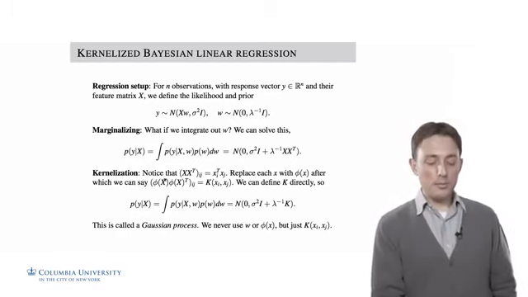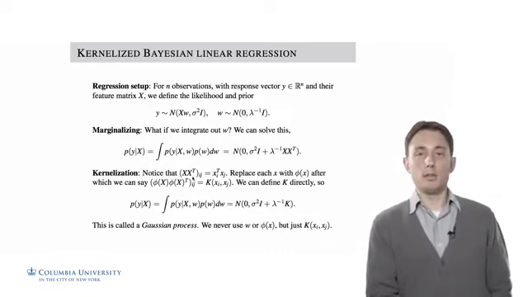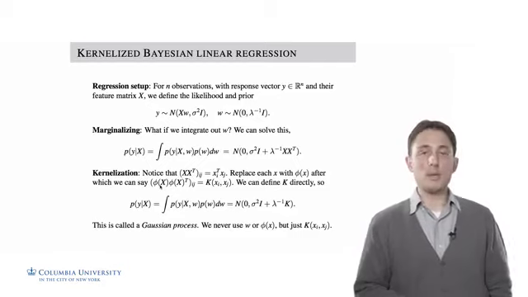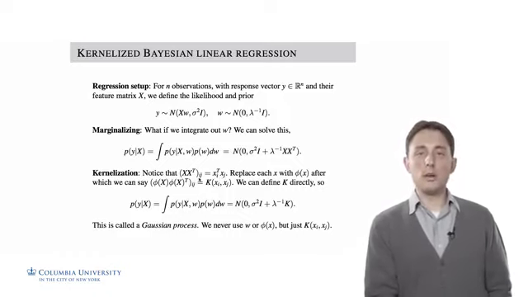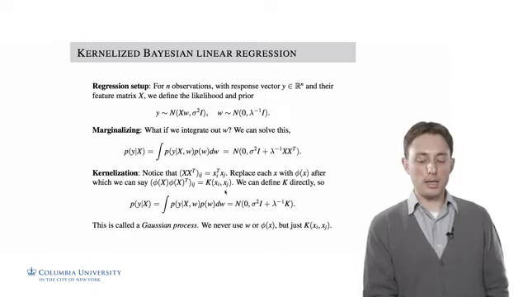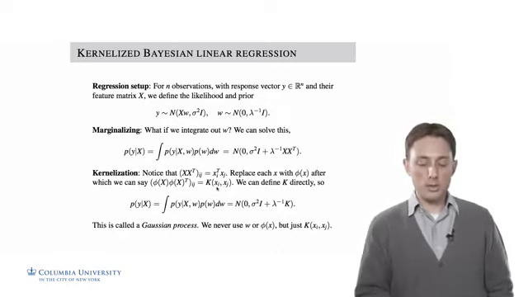But then we take the product of that matrix with its transpose, and again we end up with an n by n matrix. So this is still an n by n matrix, where the ijth entry is the dot product between phi of xi with phi of xj, which is the kernel function between xi and xj. So we only need to define a kernel function between all of our data points.